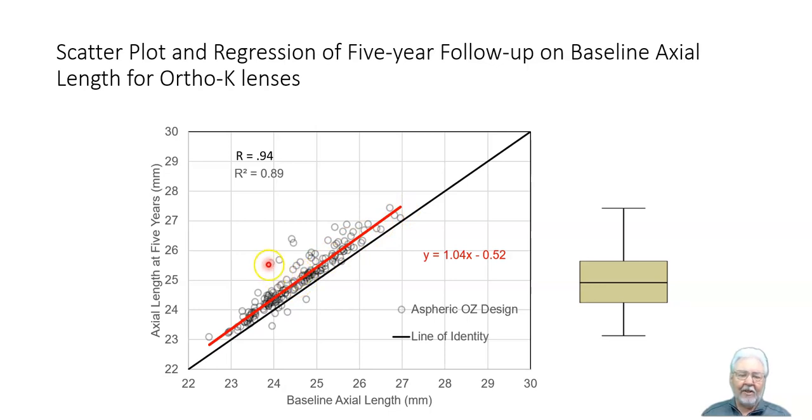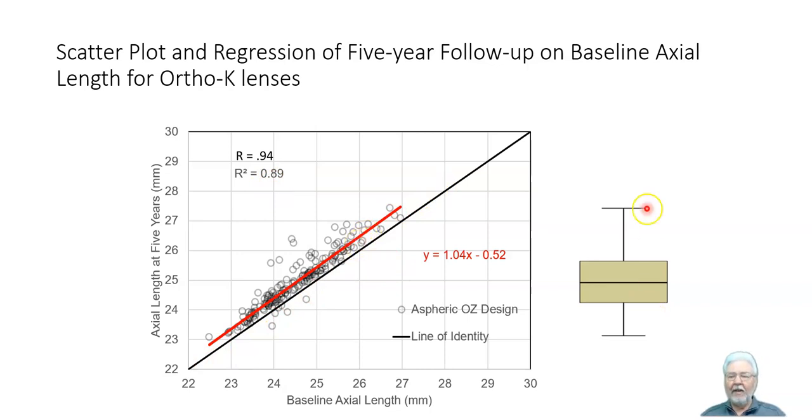So for a patient who had a 24 baseline, was predicted to be 24.5, but was a lot higher at 25.5, this difference from the line to this dot is called the residual. And the closer these points are to the line, the higher the proportion of variance that's accounted for by this line.